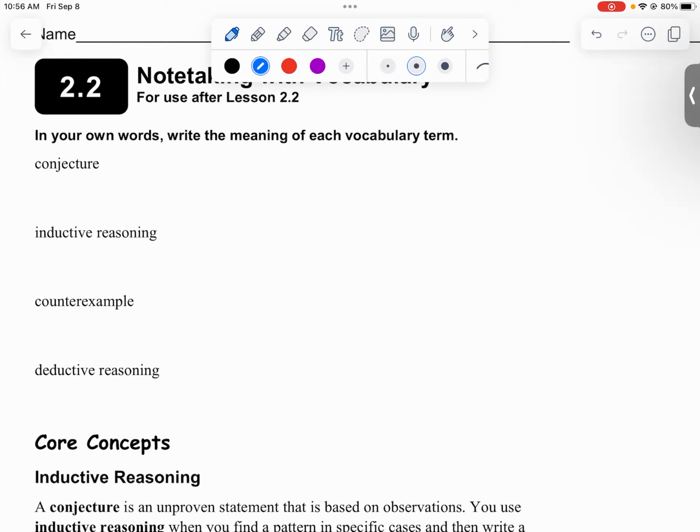So, a conjecture. Have you ever heard that word before? Who said yes? Nobody said yes. Braden said yes? Braden, do you know what conjecture means? Do you have a guess?